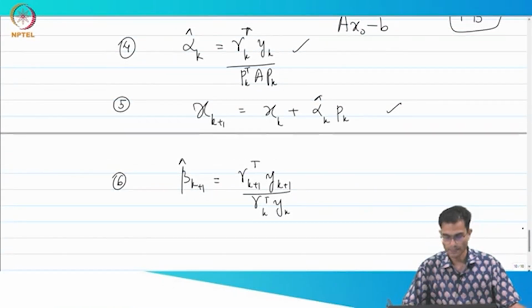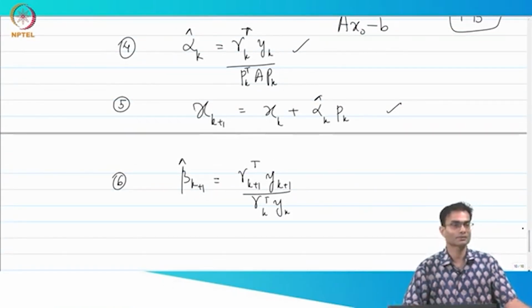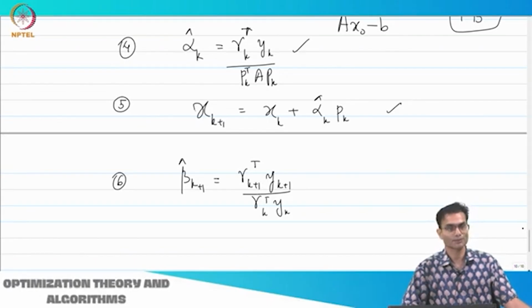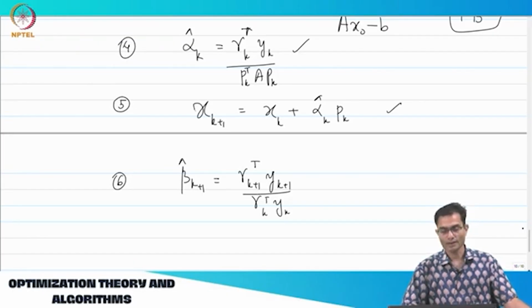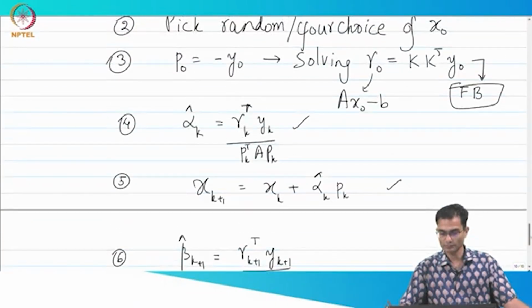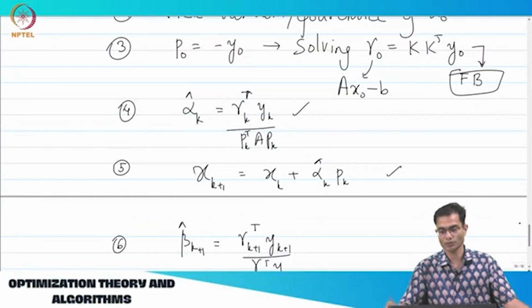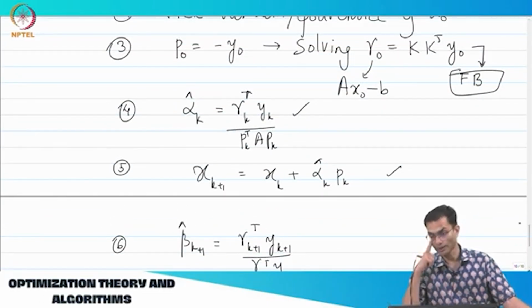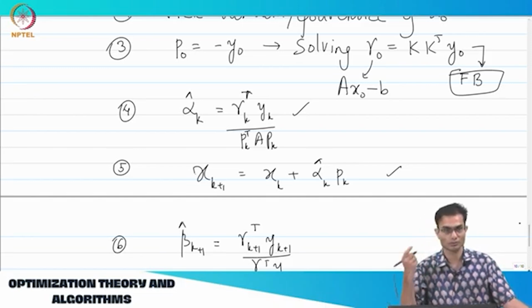Again, can I calculate this? Can I calculate rk plus 1? Yes, because I know my new xk plus 1 from the previous step. So I can calculate my rk plus 1, and I need yk plus 1. Can I get yk plus 1? Yes. Why? Because I know r, I know the kk transpose, and therefore I can get y.